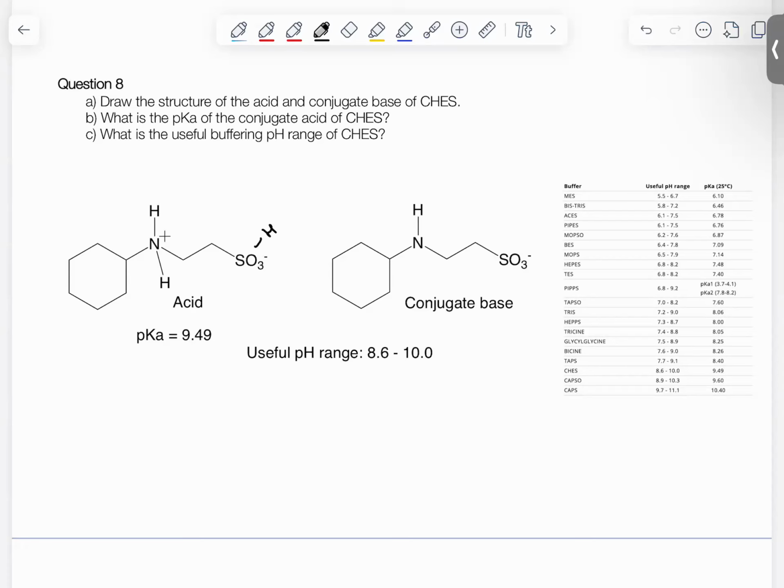But this one has the H plus on the N. That's not wrong. You may notice that this range is kind of big. That's because you're going to lose hydrogens here and here, depending on your pH.